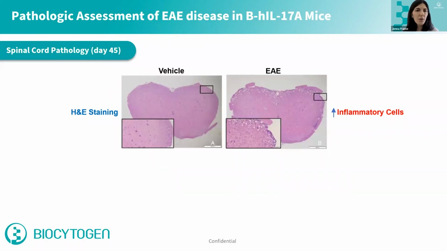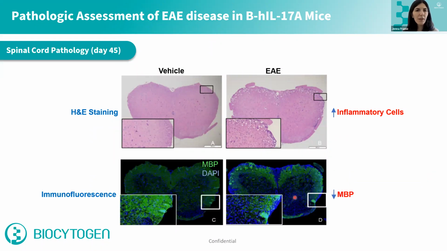In addition, similar pathologic changes were observed at day 45, including increased inflammatory cells in the immunized mice. And again, the myelin protein was significantly decreased in the treated humanized mice, as shown here in the inset. This further demonstrates successful EAE induction, meaning that it is possible to induce EAE in humanized mice, so we can test the efficacy of novel anti-human cytokine therapeutics in this setting.